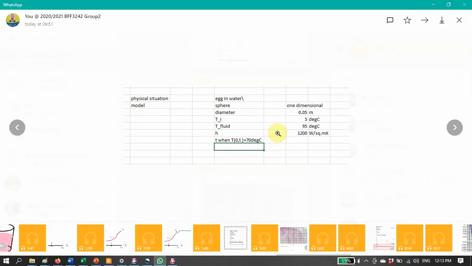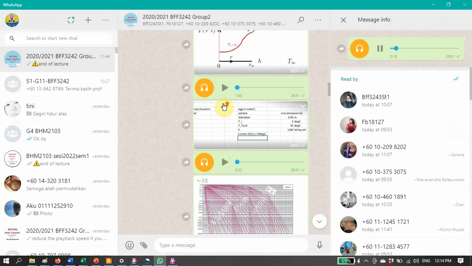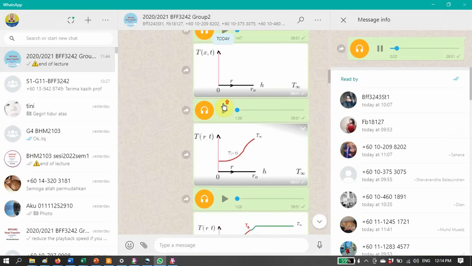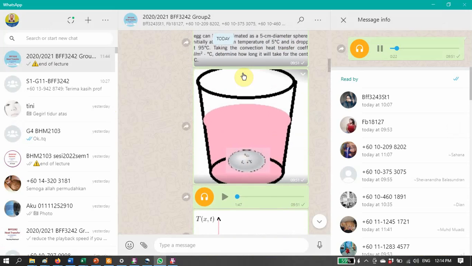Right. So let us read the question for this problem. This example is for boiling eggs, and an ordinary egg can be approximated. So in this case, the author already modeled it, right?